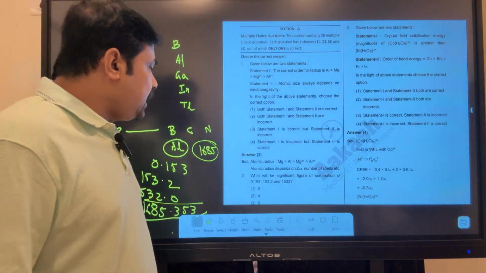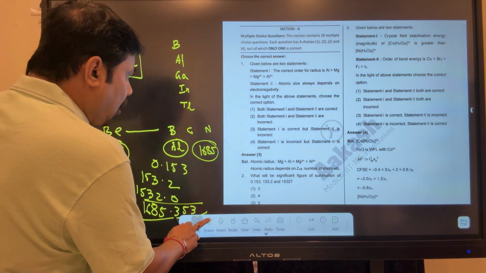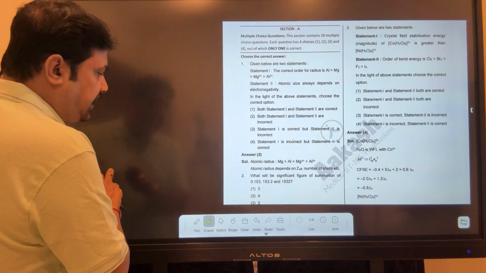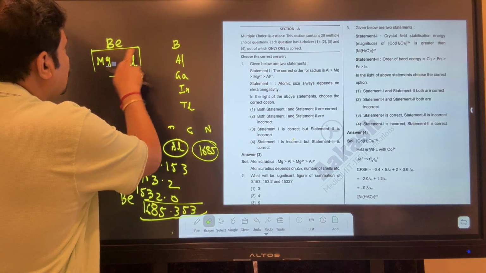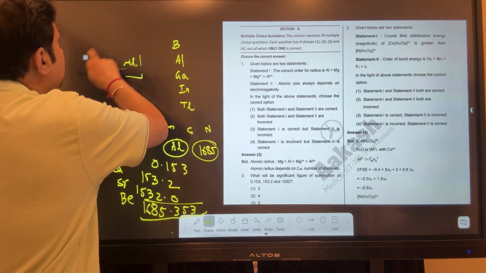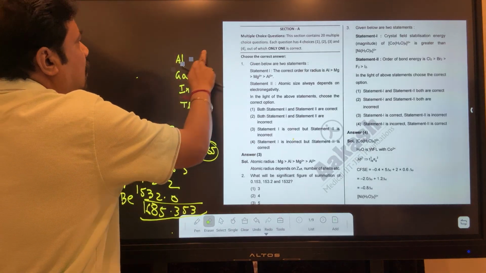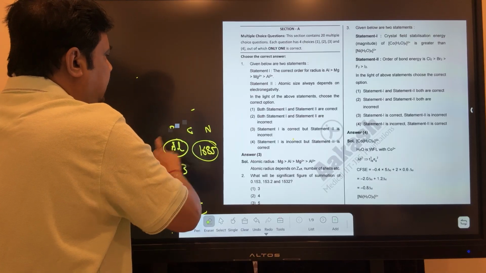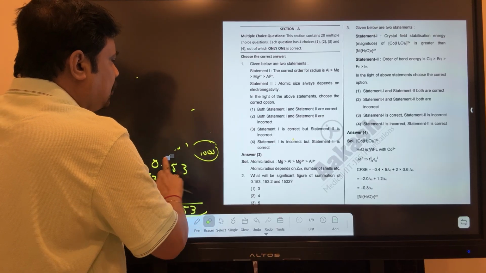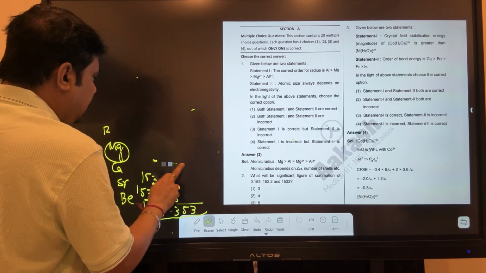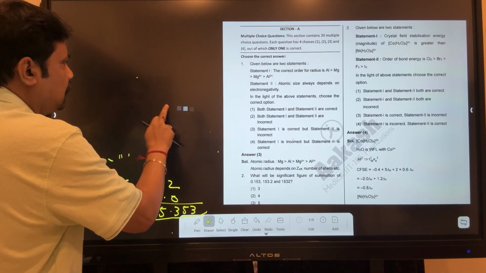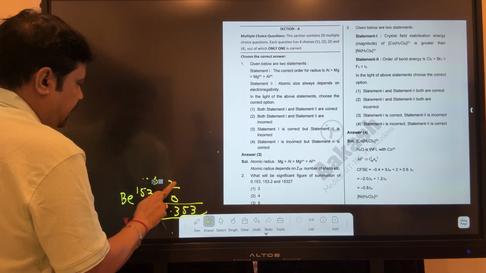Now if I look at the octahedral complex splitting, look carefully. We know very well that in an octahedral complex, the degenerate set of five d orbitals is split into two levels due to the octahedral field, giving T2g and Eg.